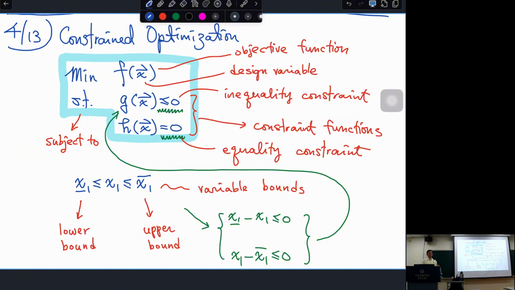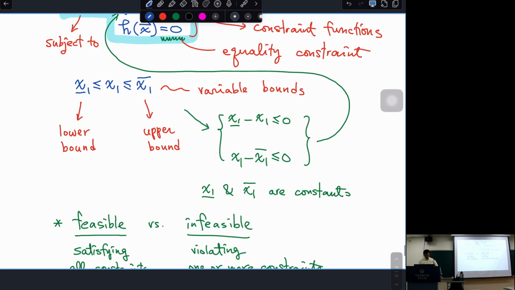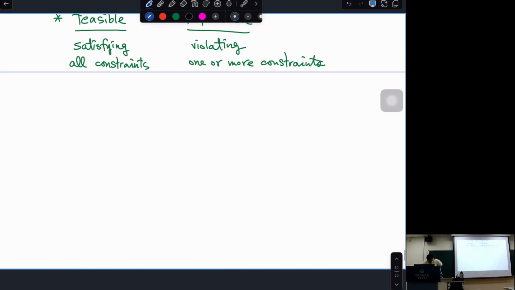At least right now, they don't. Later on, I can show you how you can use gradient-based approach to solve constraint optimization, but that's for later. Let's talk about the simplest method for constraint optimization. So the method I'm going to introduce today is called linear programming.